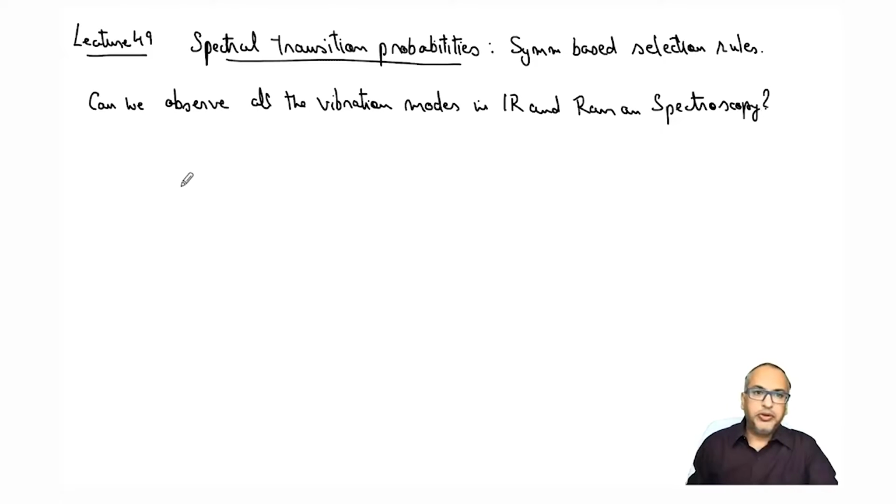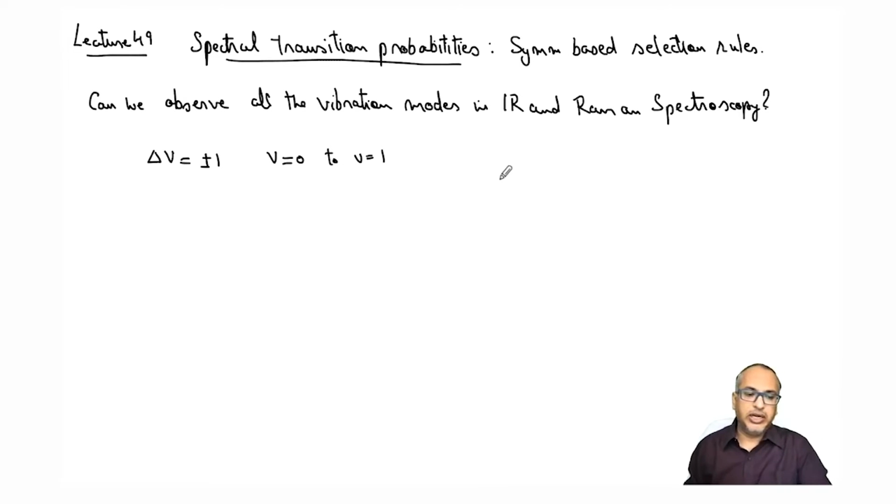Okay, so how do we do that? We know what the selection rule is. We know that the change in vibrational quantum number should be plus minus 1, and only these transitions are allowed, right? So we can say V equal to 0 to V equal to 1 transition is allowed, and so on, like 1 to 2, 2 to 3, and so on.